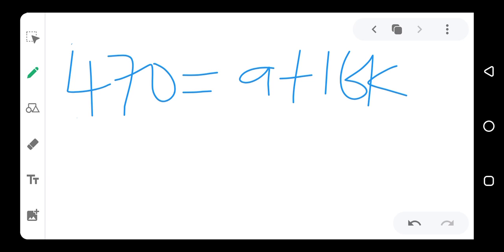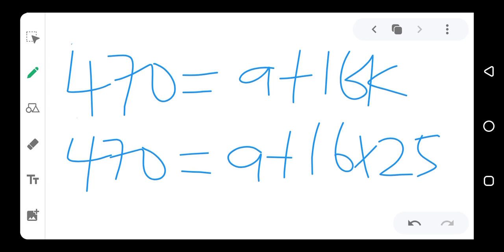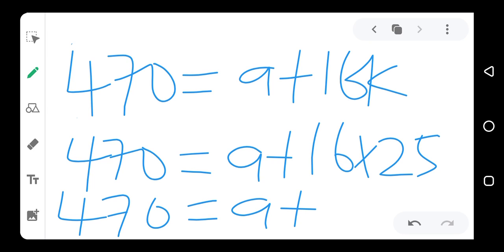So we have 16 times 25, which is equal to 400.